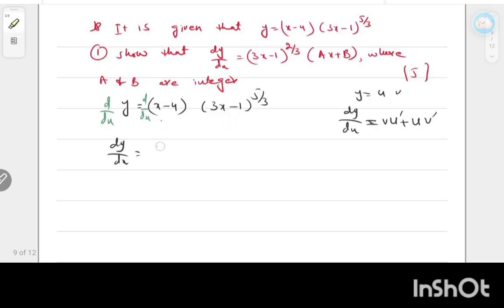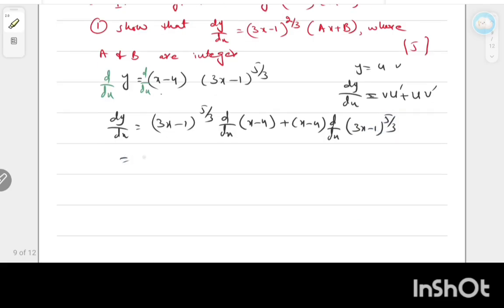The second one is our v, (3x − 1)^(5/3), and take the derivative of the first term, x − 4, plus (x − 4) times the derivative of (3x − 1)^(5/3). Now further we have to solve (3x − 1)^(5/3). The derivative of x − 4 is 1 and the derivative of the constant will be 0, plus (x − 4), and here the 5/3 will be at the start.